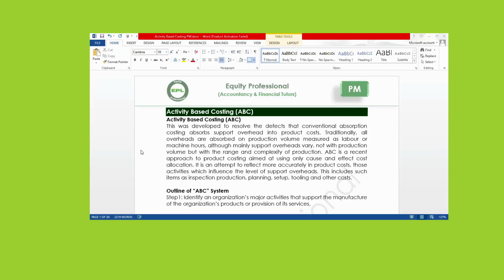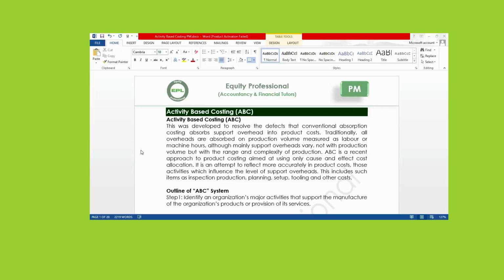That is direct cost. Any cost incurred that we can trace to a bottle of Sprite, that cost will be allocated to Sprite.